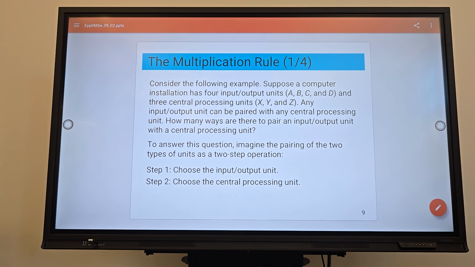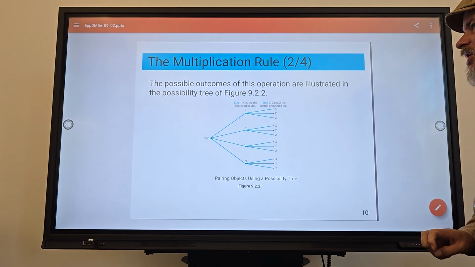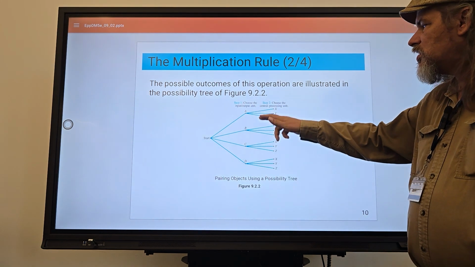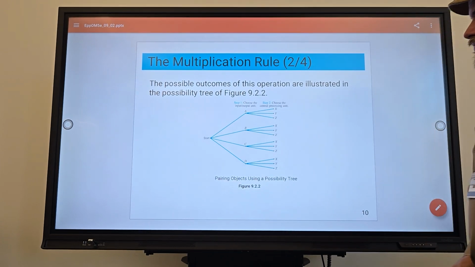To answer this question, imagine the pairing of the 2 types of units as a 2-step operation. First, you choose the I/O unit. Then step 2, you choose the CPU. The possible outcomes can be illustrated in the possibility tree here, where the first step is represented by the first layer, followed by the second step.